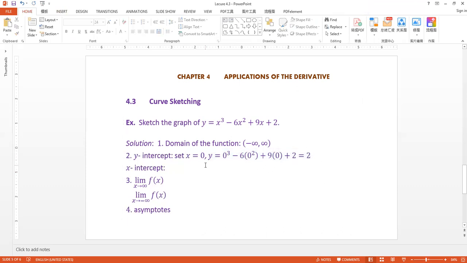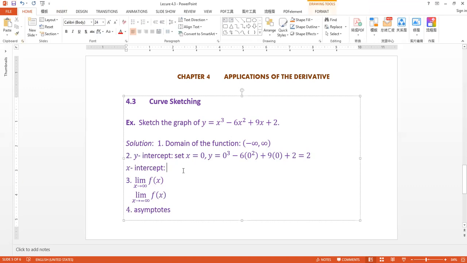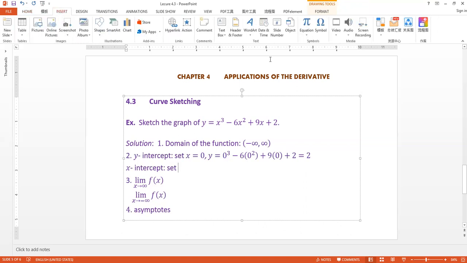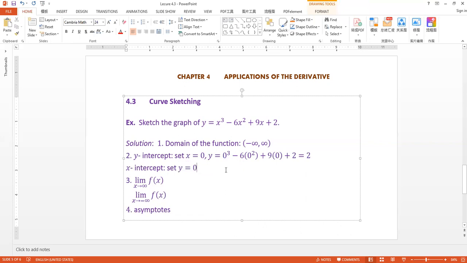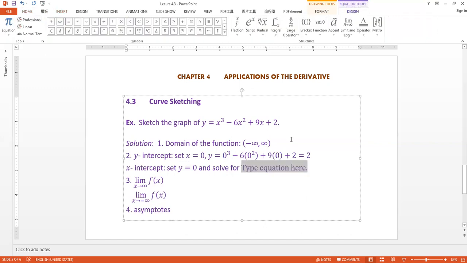That's where the curve intersects with the y-axis. And then we would like to also find the x-intercept. In this step, we're going to set y equal to 0 and solve for x. That's how you find x-intercepts.